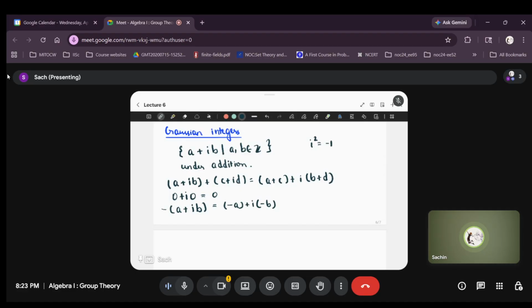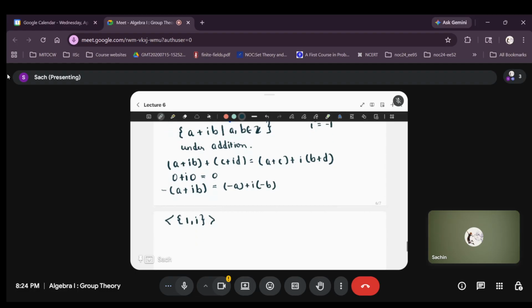This will be generated by the set 1 and i. So 1 belongs to the set generated by 1 and i, right?